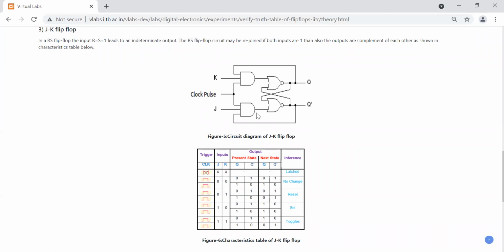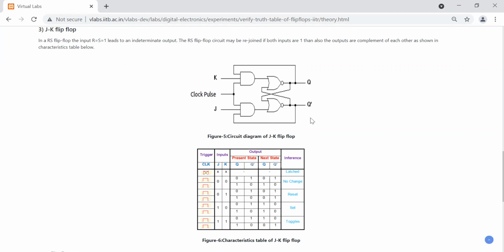This logic diagram of JK flip-flop is very much similar to SR flip-flop with few additional things, and those additional things are in JK flip-flop, output Q is given as input to this AND gate, and the output Q bar is also given as input to this second AND gate. So the AND gates are having three inputs.